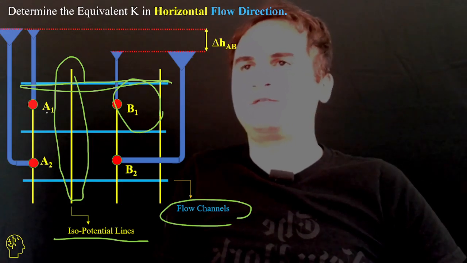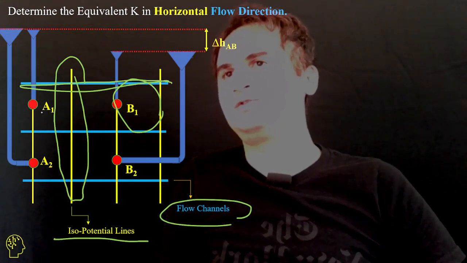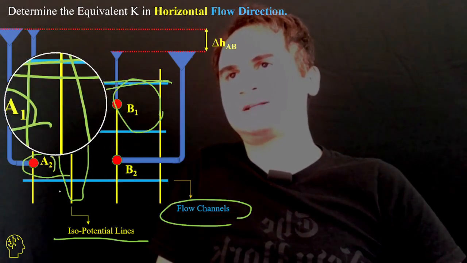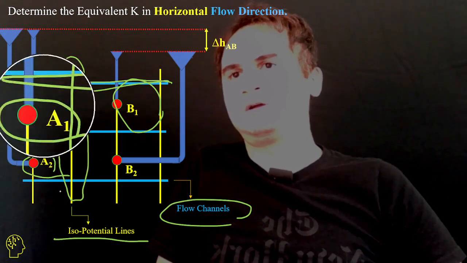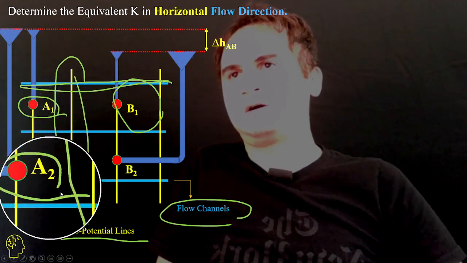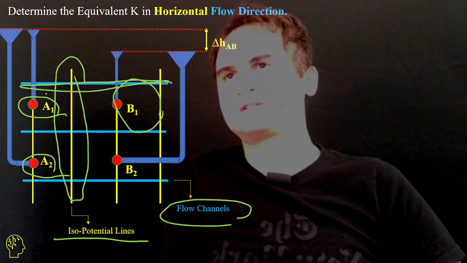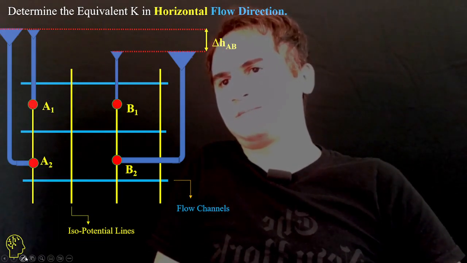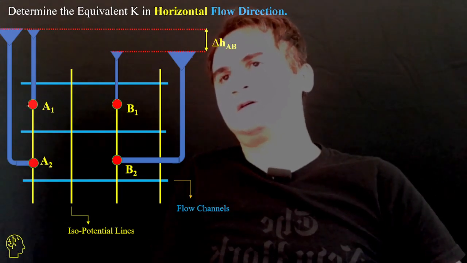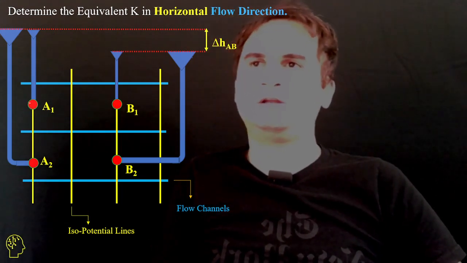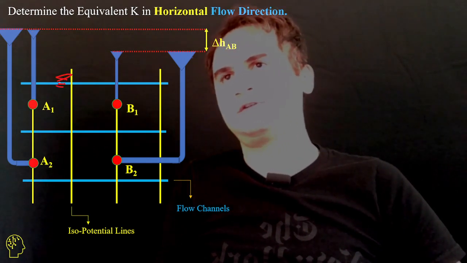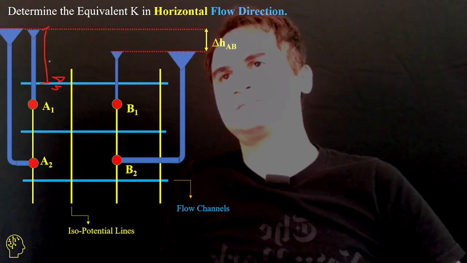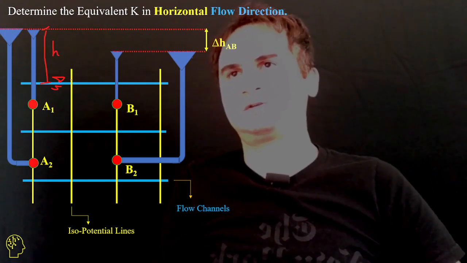If we consider two points like A1 and A2, which both stand on the same isopotential line, it just means that if you want to know the head of water at point A based off a reference, for example here at the top, point A has this much height of water from our base.